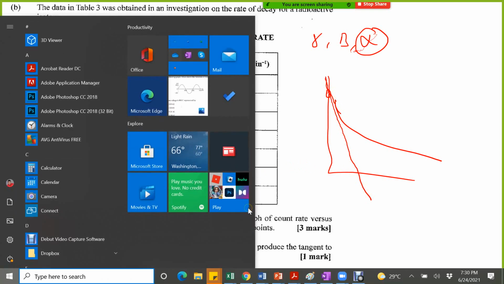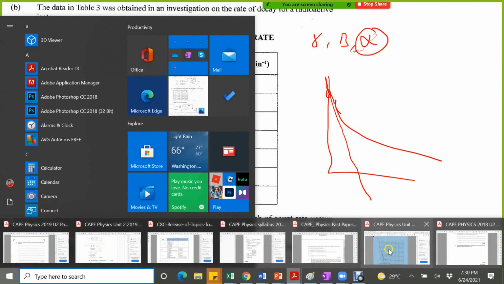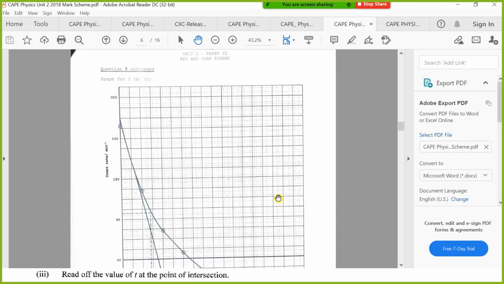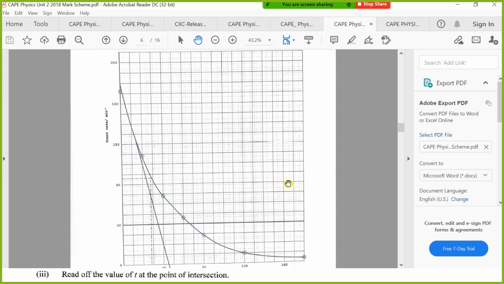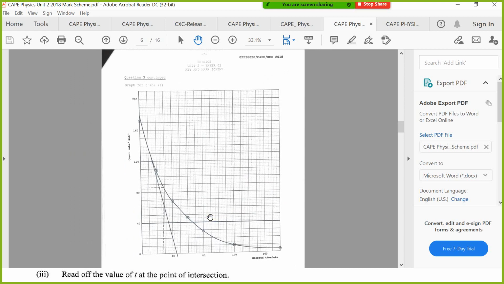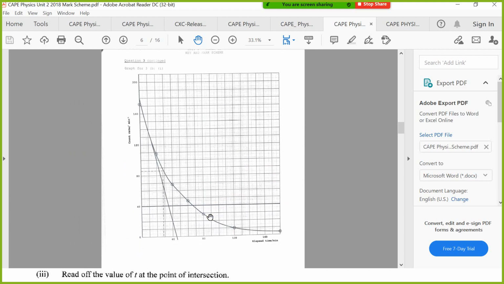Let me show you what it should look like. So this is what it must look like, right? That is what the curve should look like. When I look at this, I realize that mine was close to it as well. That's what I mean. Because mine was in the 40 region, basically where it cuts is the 40 region here.